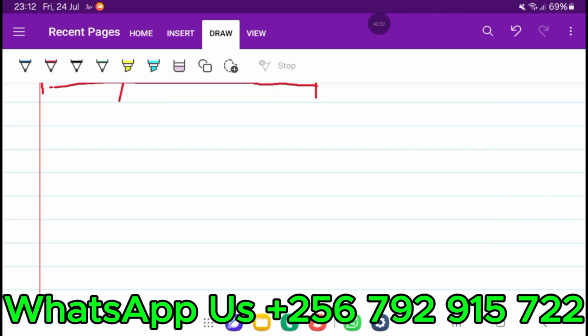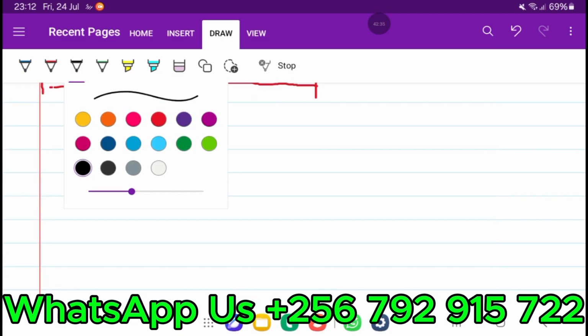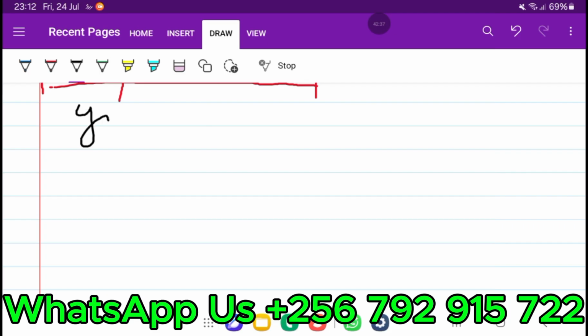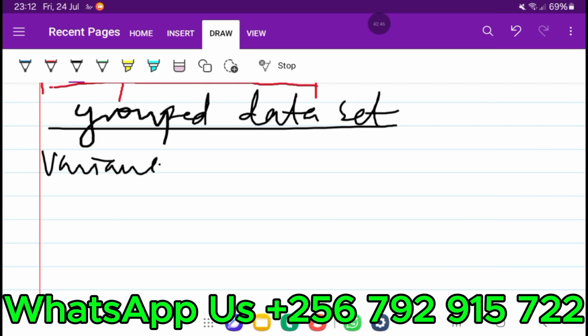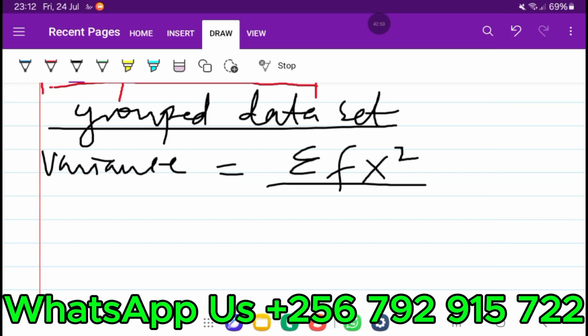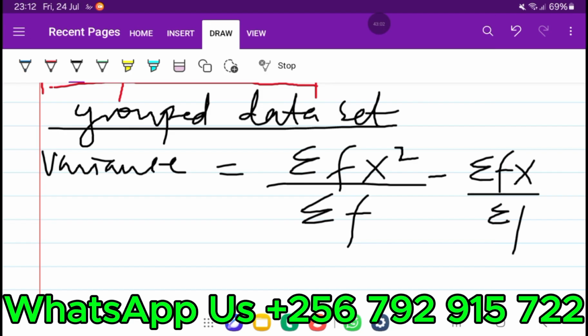So if you are looking for the grouped data set, then the variance will be given by summation fx squared over summation f minus summation fx over summation f, whole of it squared.